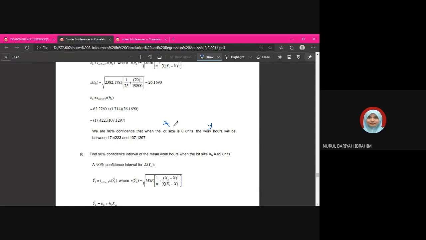Okay, this is important untuk kita cari confidence interval for beta naught if and only if you punya range of x, value of x0 tu berada dalam range of x.